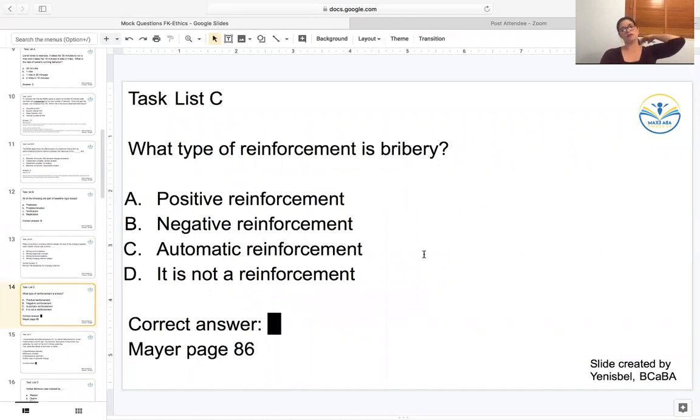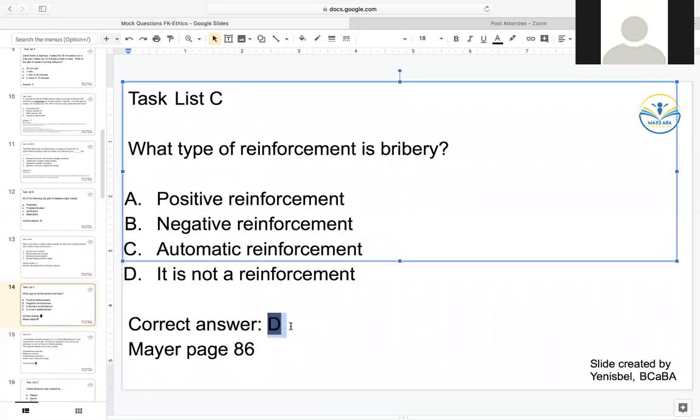So what type of reinforcement is bribery? Is it positive reinforcement, negative reinforcement, automatic reinforcement? It is not a reinforcement. D. Nice. Bribery is not reinforcement, because we don't know if the behavior has increased in the future or not. We don't use bribery. Mayer has a good explanation about it, explaining that it's not a reinforcement.